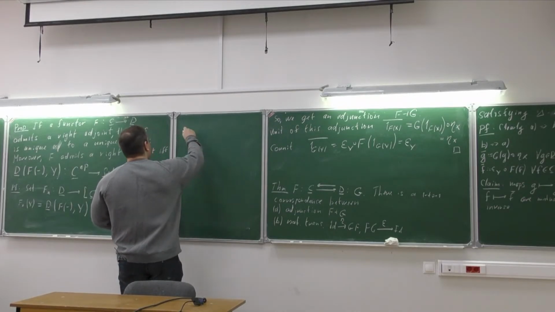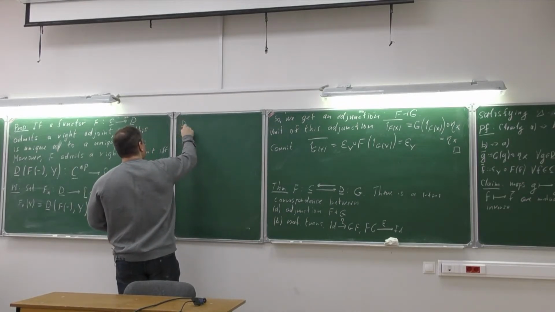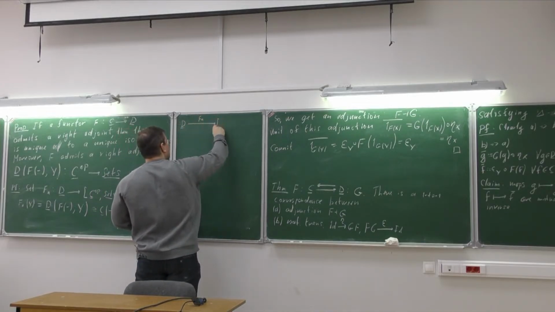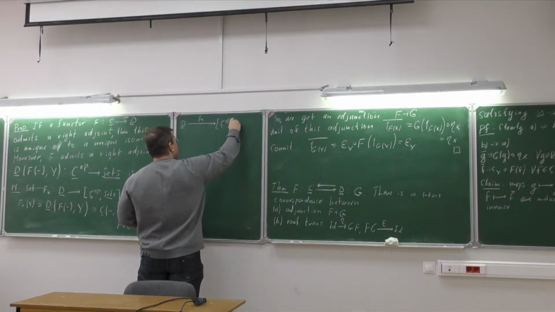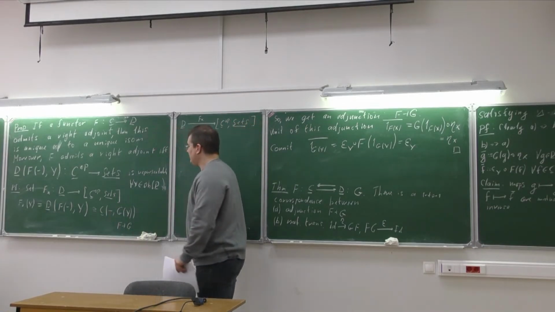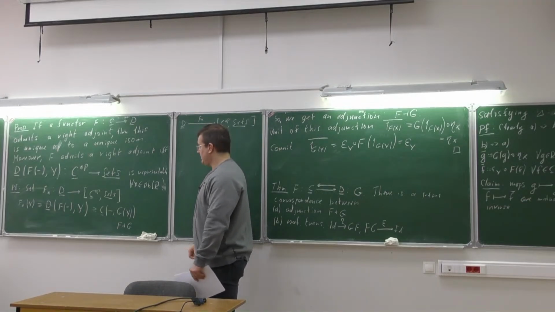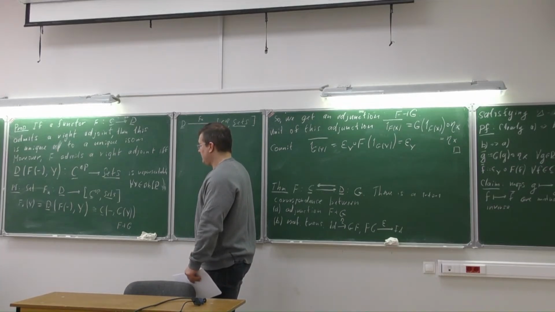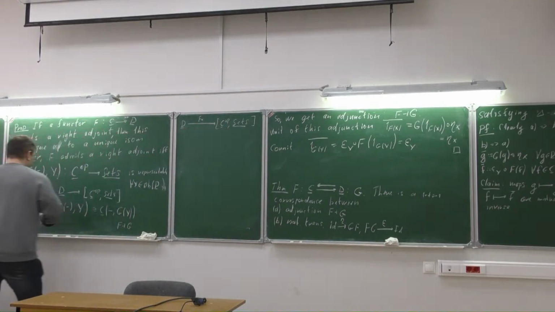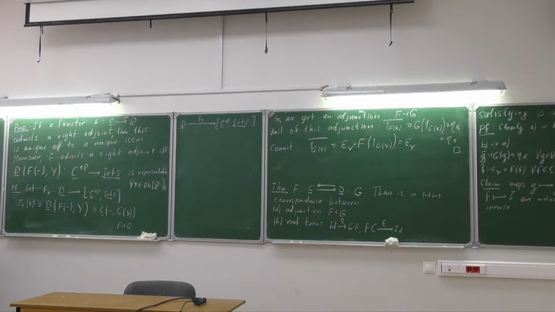Now, let's look at the diagram. So we have category D, we have functor f with a lower star, the category of functors. Well, it's also by trivial reasons.